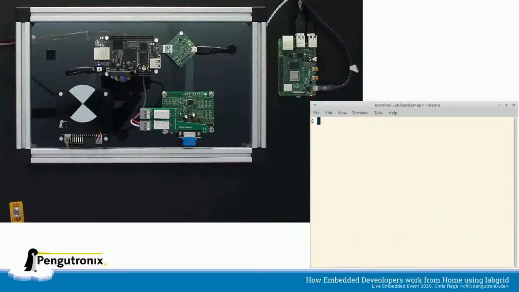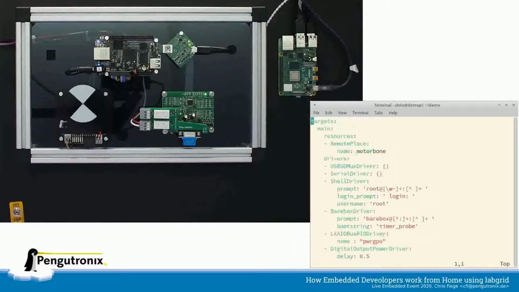To control our target, we will use a configuration file that is written in YAML for Labgrid, and this configuration file describes how we interact with our device under test. First of all, we select all resources that are provided by the place Motor Bone, and afterwards we stack a few drivers on top of this place.